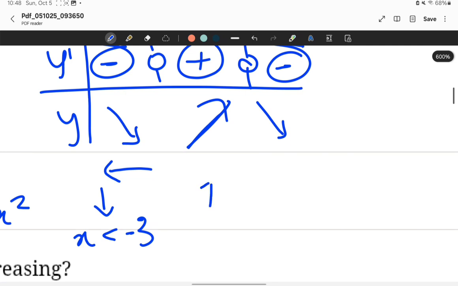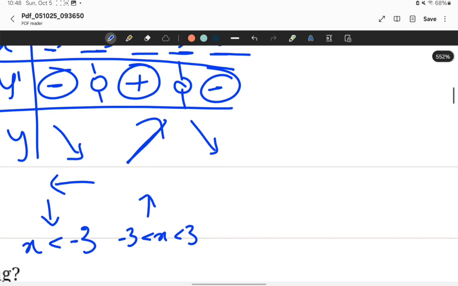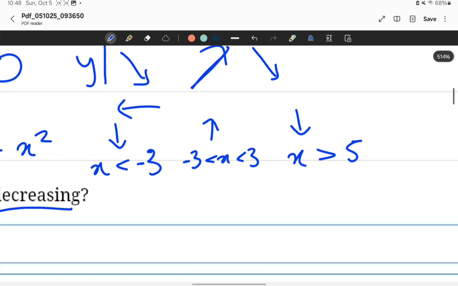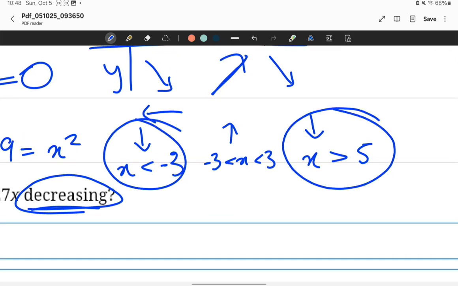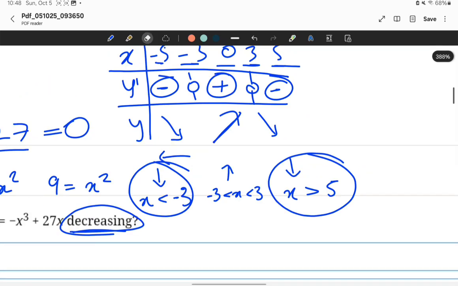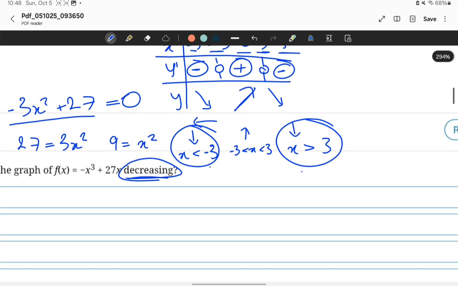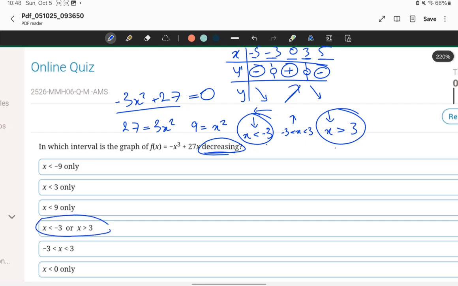So that means it's going up for x between minus 3 and positive 3, and it's going to be going back down for any value that's bigger than 3. And they're asking here for decreasing, right? So we're going to take these two. My bad, this isn't 5, this is 3. Okay, so we're going to take these two, because these are the values for which it is decreasing. We're going to choose this option. That's it, because it matches up with what we got.